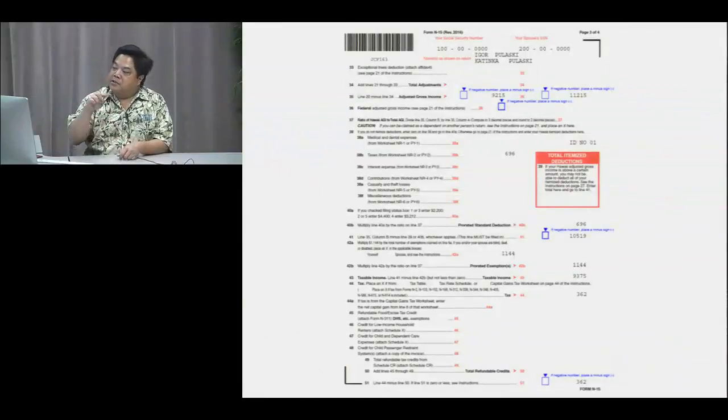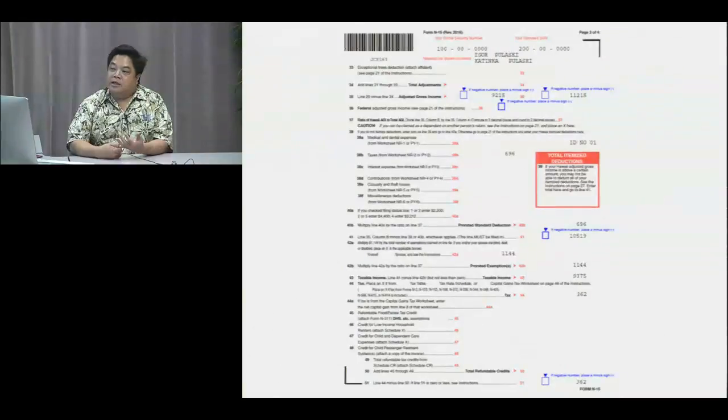And as I mentioned earlier, it has to be a ratio: column B total on line 35 over column A total. And obviously it's more than 100%, therefore you can take the whole 696. So you subtract the 696 from 11,215, then your net amount is 10,519.